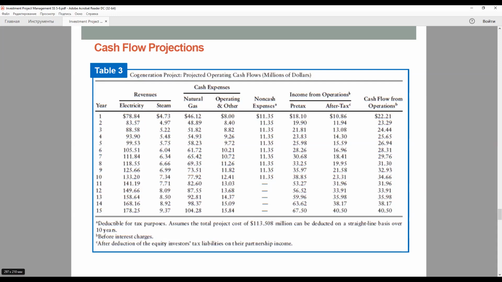And the lenders will directly address the balance sheet and income statement to evaluate such ratios.